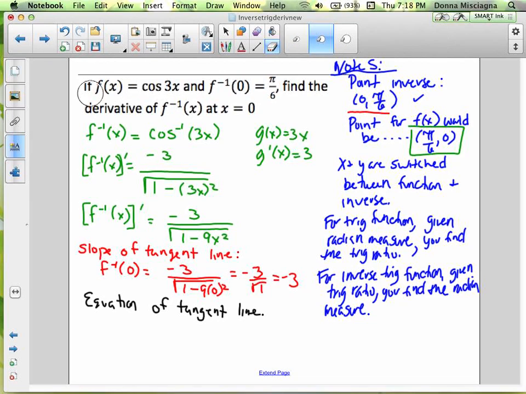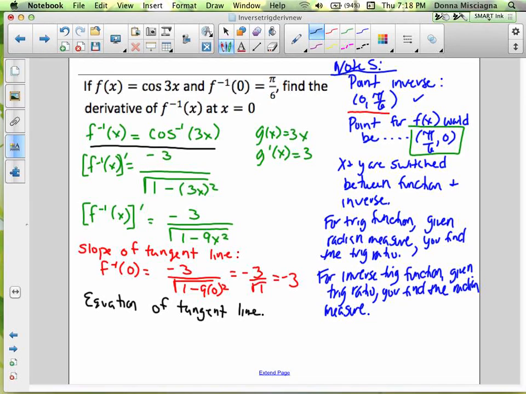That's our original function, but we're taking the derivative of this one, sorry. So we're taking the derivative of this one here. When we plug our point in, we're going to use that function. But we don't really have to worry, do we? Because we already have our point. If they didn't give us the pi/6, we would plug in the 0 and get the pi/6, and we'd plug into that one.